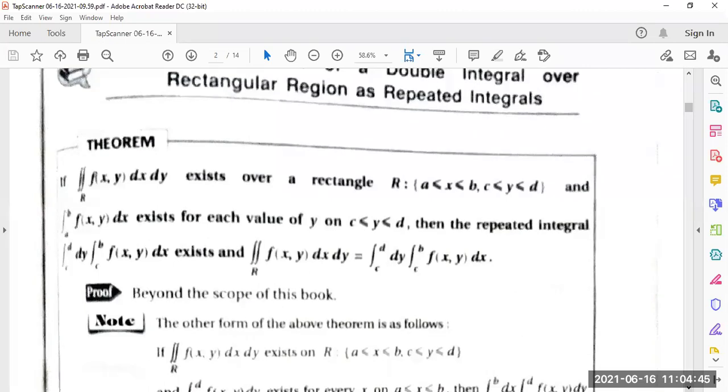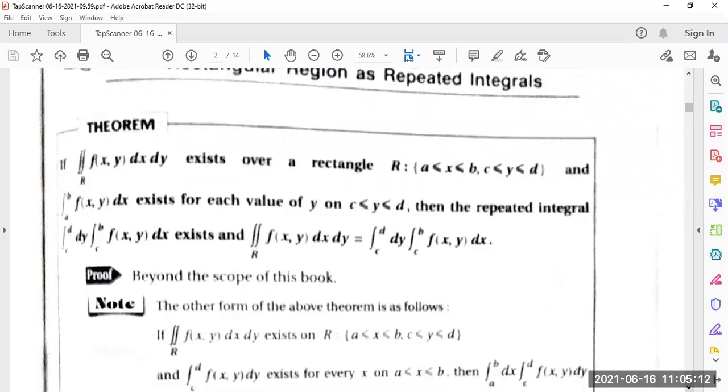And if the integration from a to b of f of x,y dx exists for each value of y on c to d, then the repeated integral from c to d dy of the integral from a to b of f of x,y dx exists, and the integration over R of f of x,y dx dy equals the integral from c to d dy of the integral from a to b of f of x,y dx.